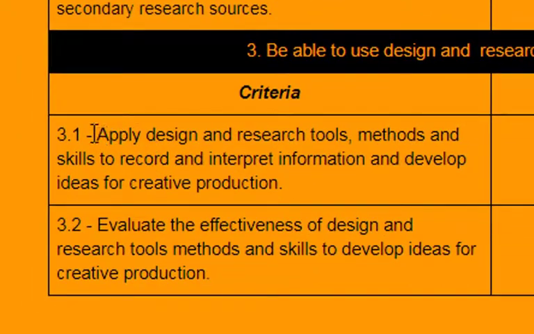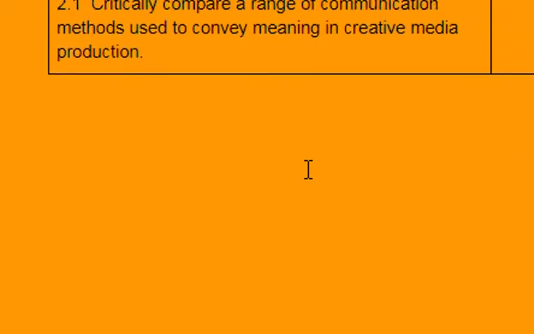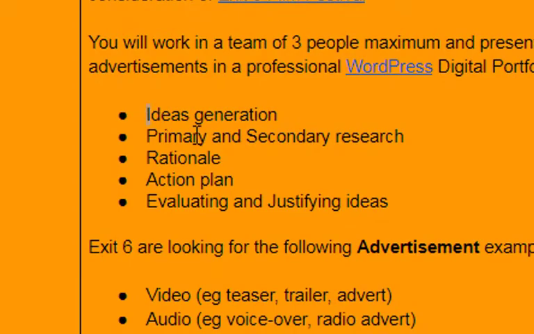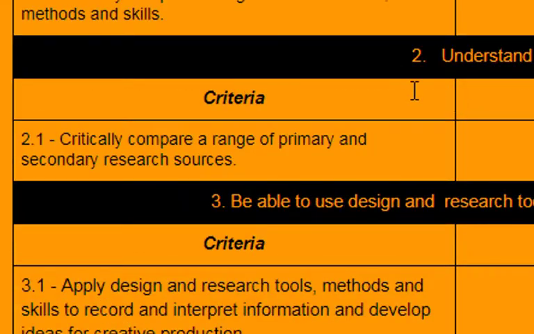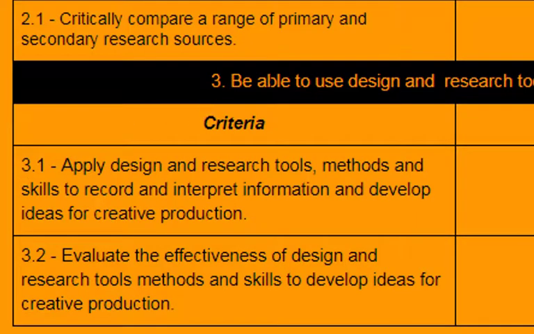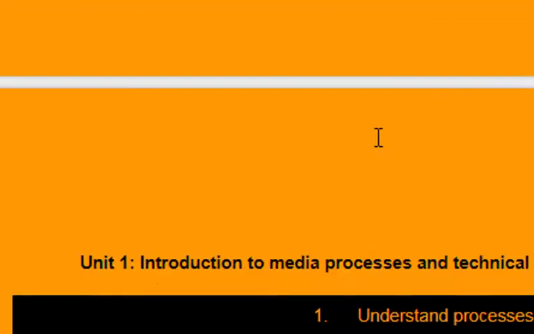3.1. Applying design and research tools, methods and skills to record and interpret information and develop ideas. Again, this here will cover that Unit 2 criteria. For outcome 3, applying design and research tools, methods and skills, and evaluating the effectiveness of these tools for your creative media production.